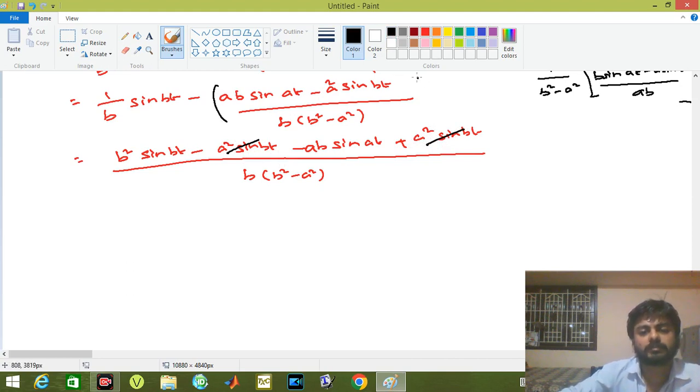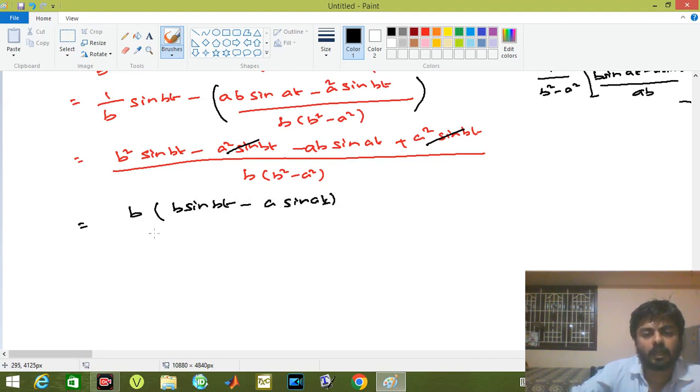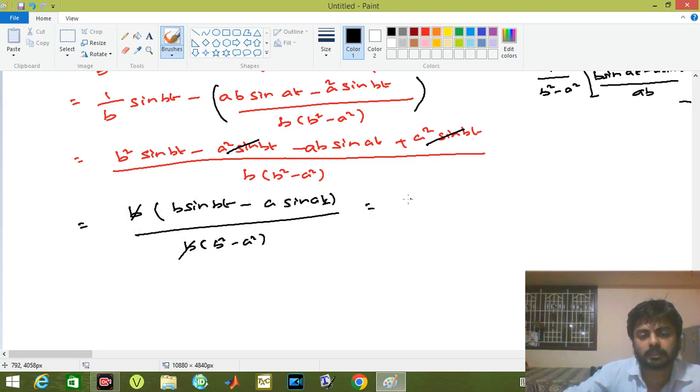Now you can take b commonly outside, b of b sin bt minus a sin at divided by b into b square minus a square. These two b will get cancelled, so this can be written as a sin at minus b sin bt divided by a square minus b square.